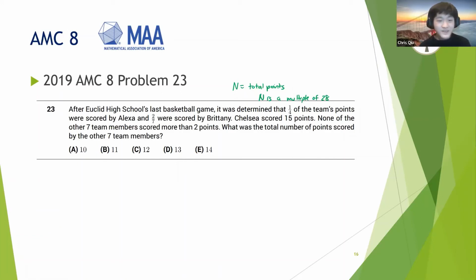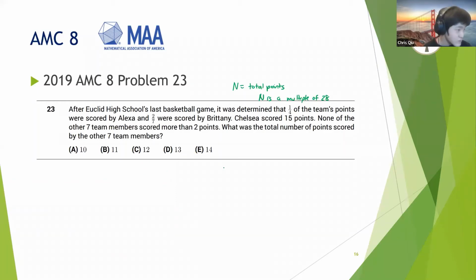And now, one thing you could do from here is to guess and check, but let's try something that's a bit more rigorous. So we're told that these 3 players scored this many points, and then we want to find the total number of points scored by the other 17 members. So one thing we might think of is, how can we find the total number of points scored by the other 17 members in terms of n?